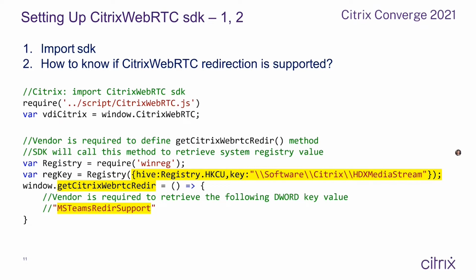The value of true indicates redirection is supported, while the value of false indicates redirection is not supported. The vendor application can also use this same registry key value to toggle WebRTC SDK-based implementation versus native WebRTC API-based implementation.